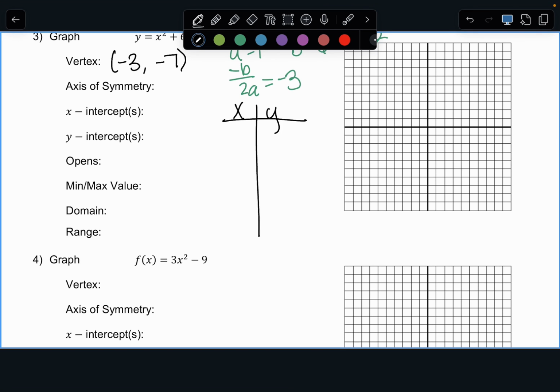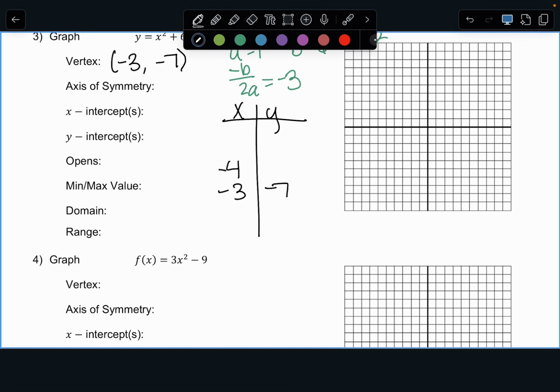So x, y for our table. Here's my vertex. A is 1, so I'm just counting by 1, 3, 5, 7, and I'm counting by 1s on the left. Just be aware, if I'm going from negative 3 and I'm going down 1, I'm counting by 1s backwards.